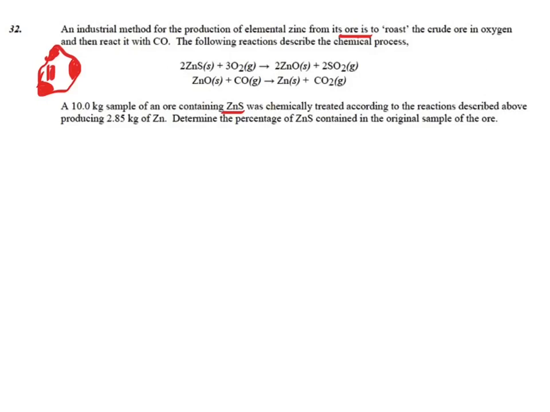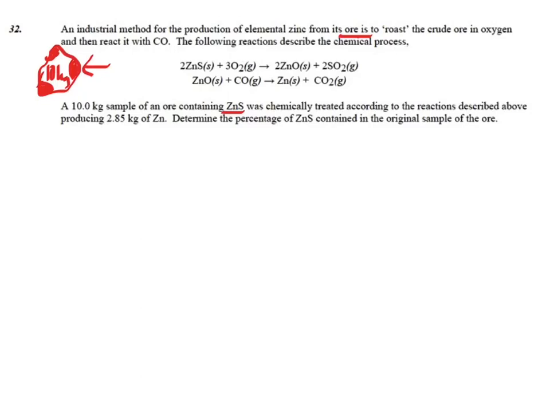So this 10 kilograms, and then you have this zinc sulfide, and they were able to get 2.85 kilograms of zinc. So it wants to determine the percentage of zinc sulfide contained in the original sample of the ore.